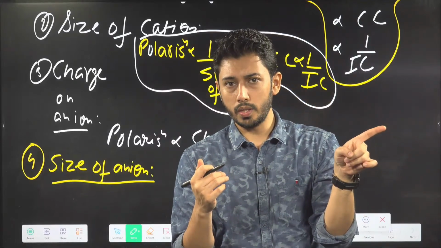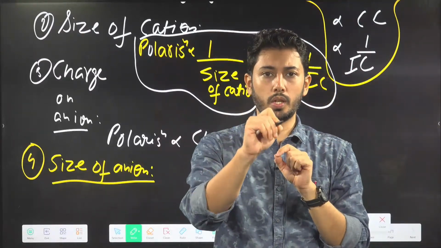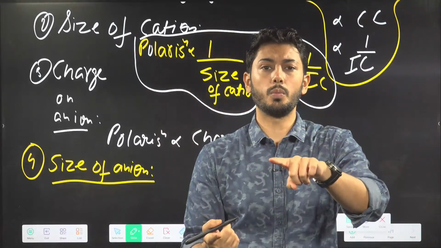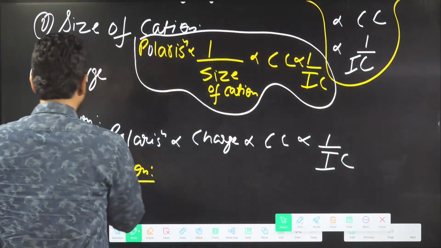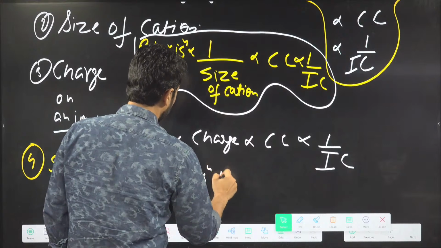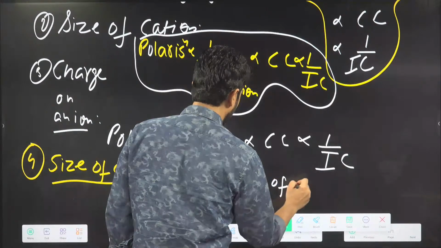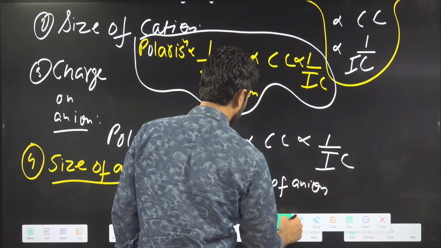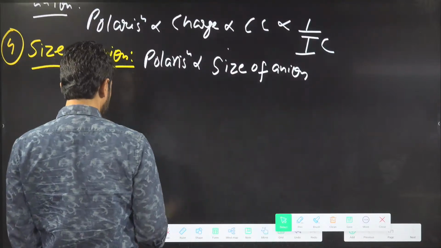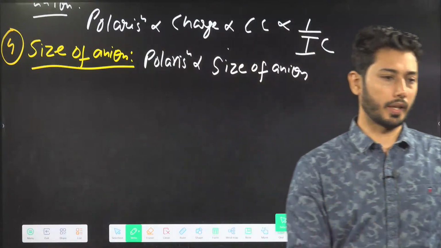Hence, in this case, polarization is directly proportional to size of anion, which was exactly opposite with size of cation. So here, important, you can write down, this is different. Polarization is directly proportional to the size of anion. If more is the size of anion, more is the covalent character, less will be the ionic character.